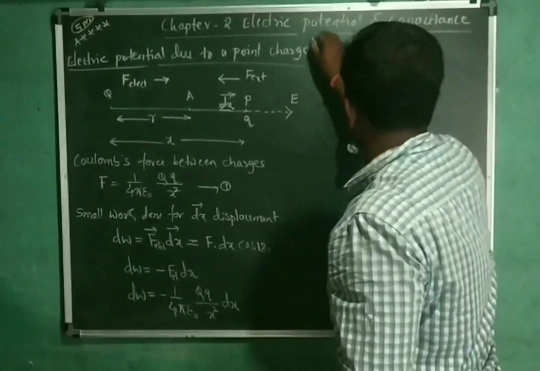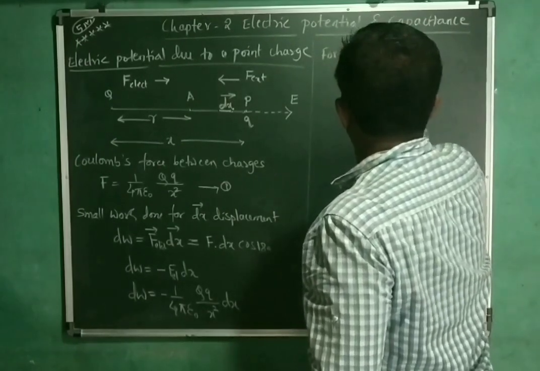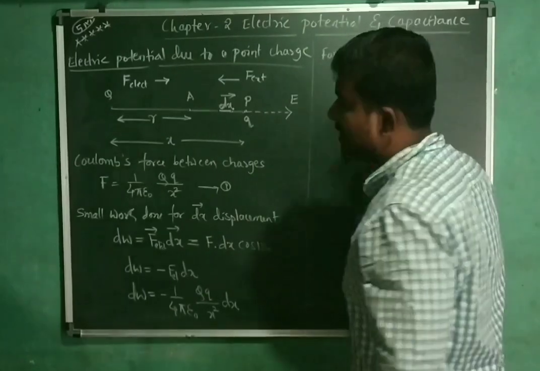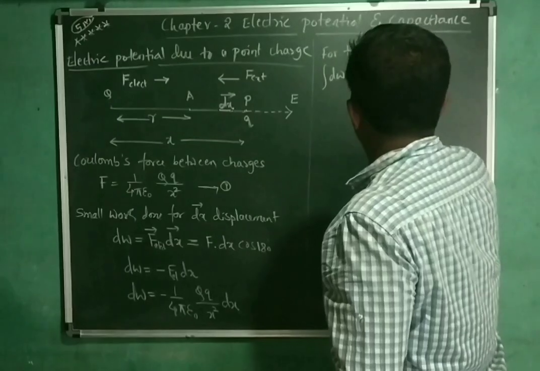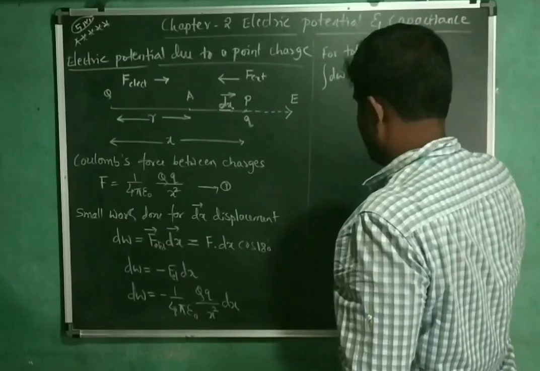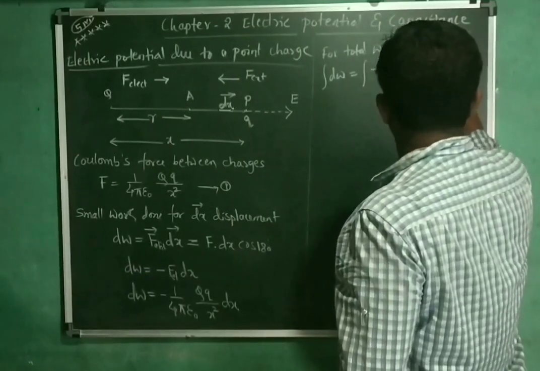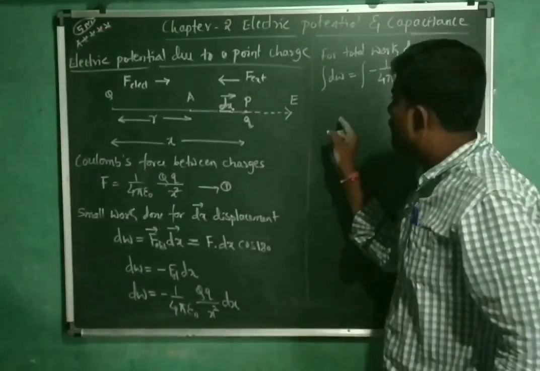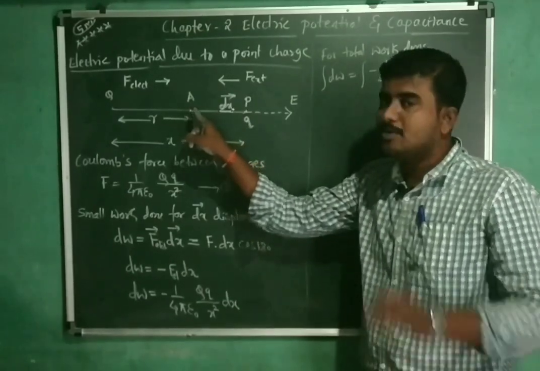For the total displacement, we shall integrate. dw is equal to integration of -1 divided by 4 pi epsilon naught q divided by x square into dx. And integration limits are from infinity to point A, because at point A we are supposed to find the electric potential.